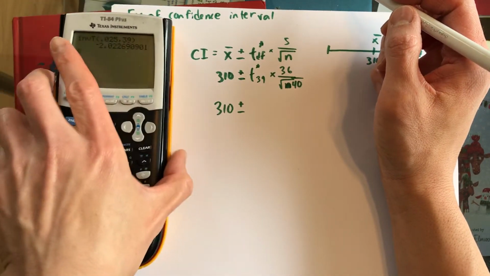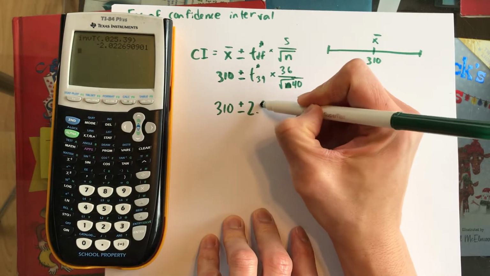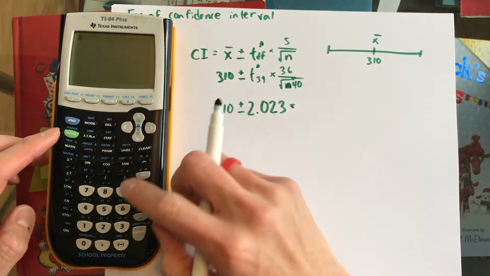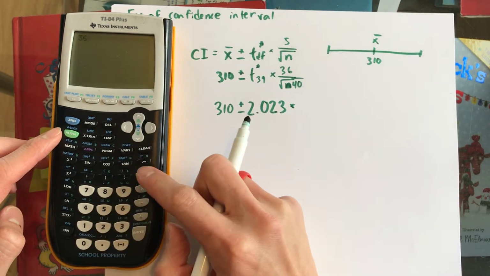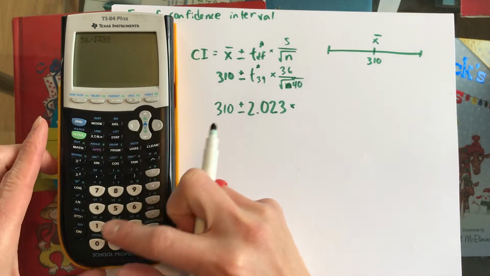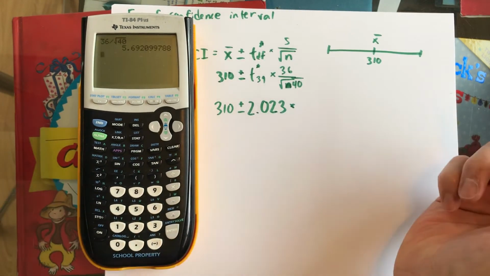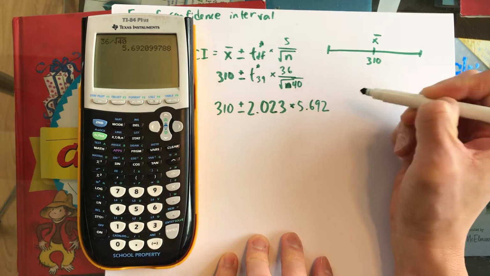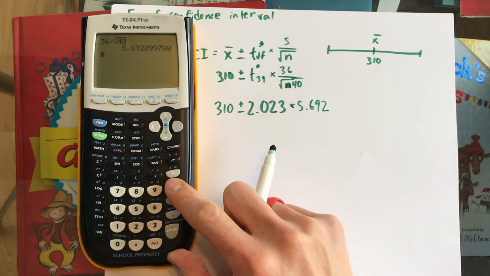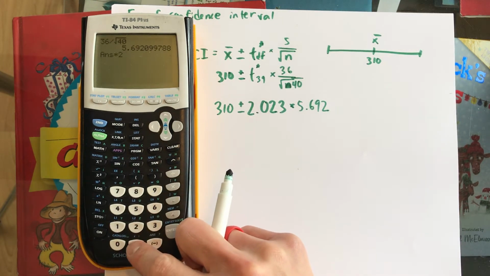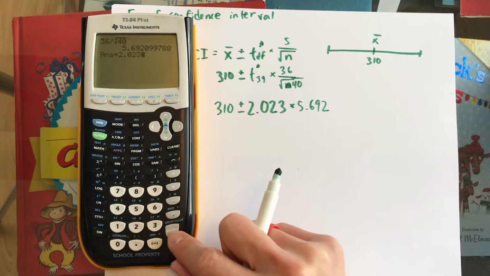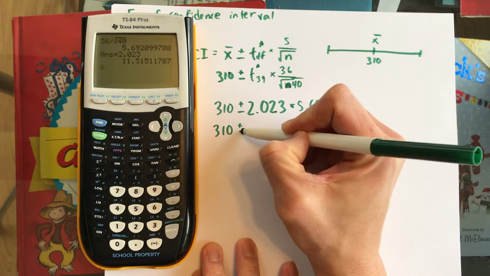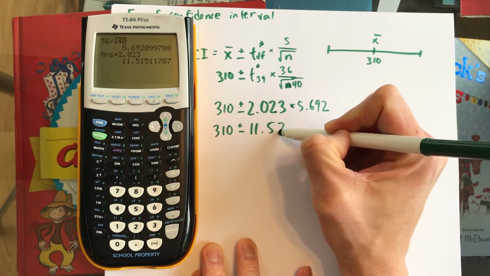So it's 2.023 times, let's see, 36 divided by the square root of 40. 5.692 times 2.023. 310 plus or minus 11.52.